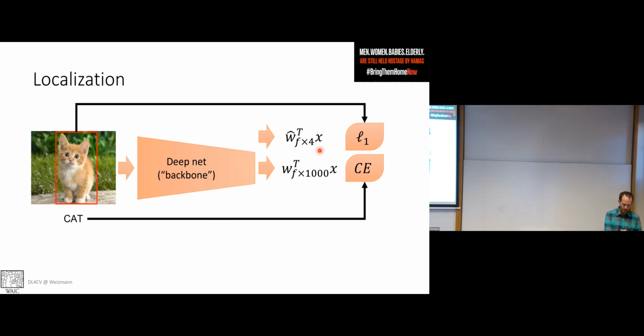And then we can have a regression loss, like an L1 loss, on these predictions. Classes are discrete, so we have cross-entropy loss. The bounding box is continuous, it's regression, so we have a different loss. So we are sharing the features, and we make the two types of predictions from the shared features, and we use a different loss function according to the prediction we are trying to make.